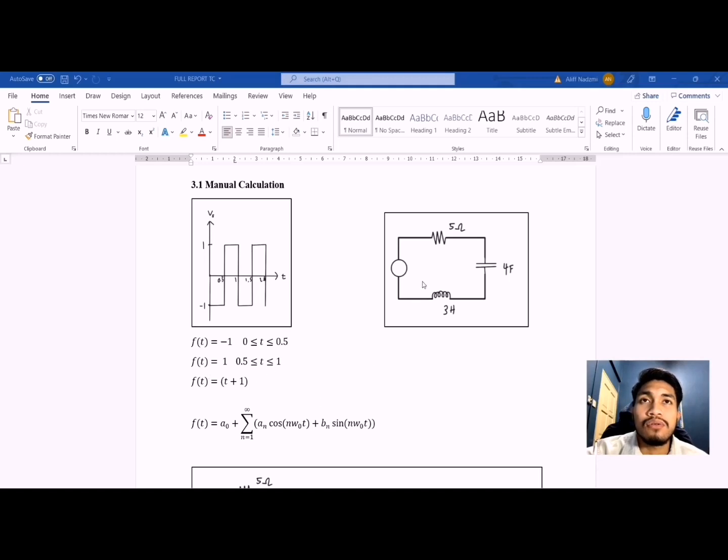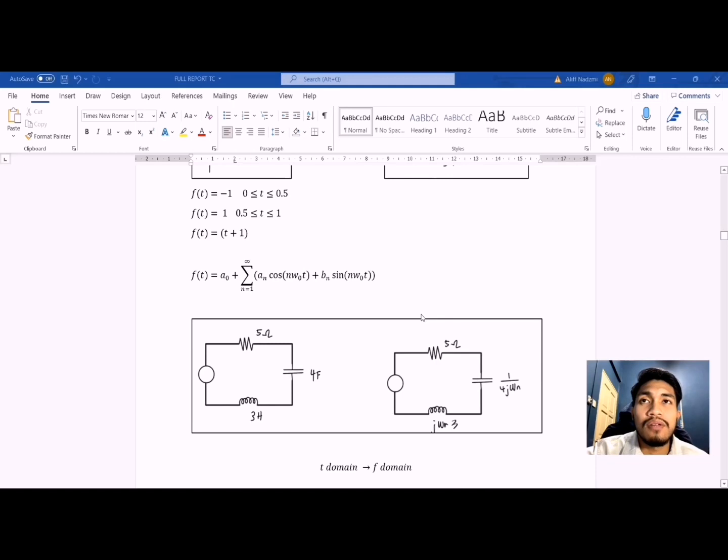This is the circuit that we need to transform from the time domain to the frequency domain. After we have done this step, transform and also have a function, we need to find the coefficients for the Fourier series form here, which are A0, An, and also Bn.